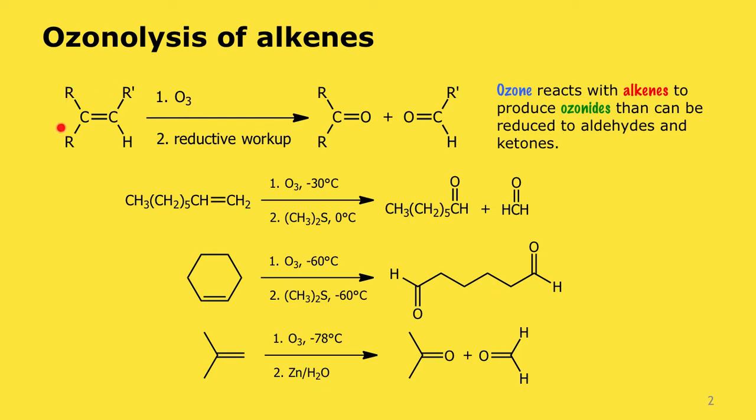So depending upon the structure of the alkene, how many alkyl groups or hydrogens are attached, you can end up with ketones, you can end up with aldehydes, you can end up with formaldehyde as one of the products. And below are a few examples of this simple ozonolysis procedure.